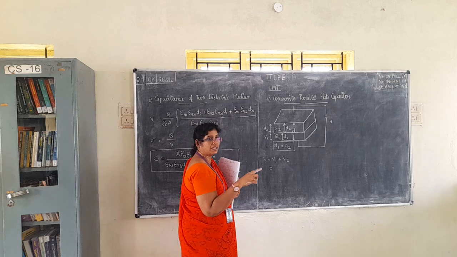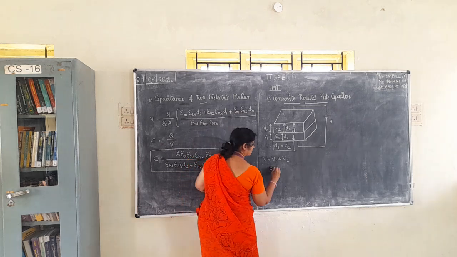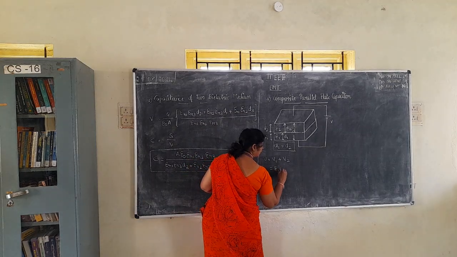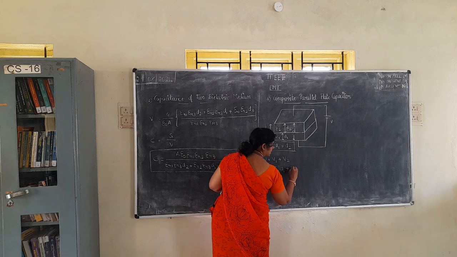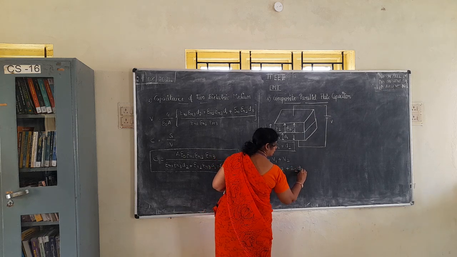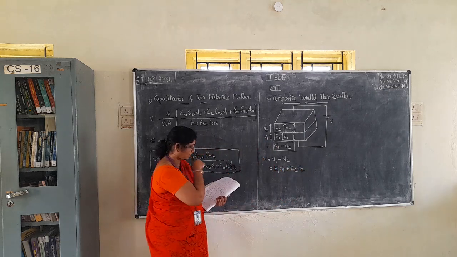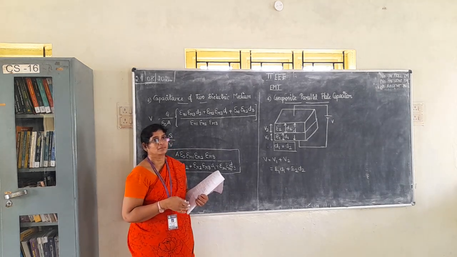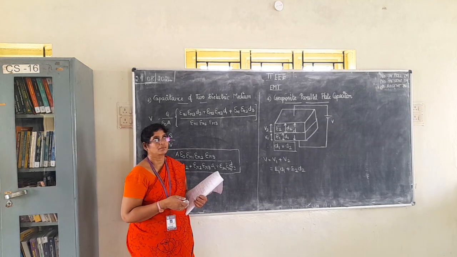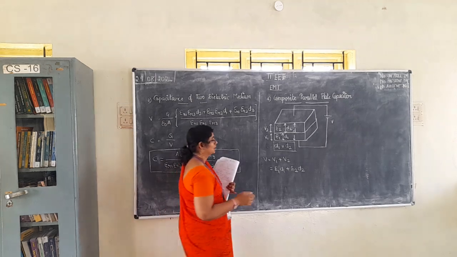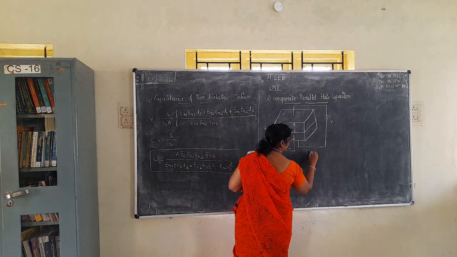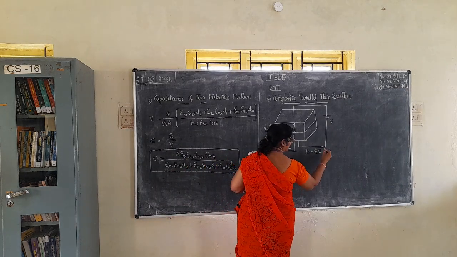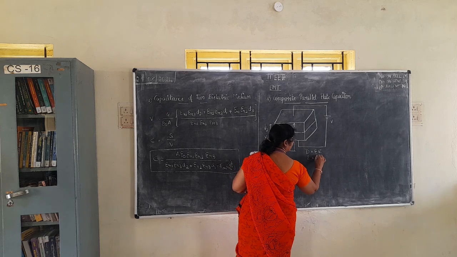It is the integral of E dr. So it is E1 d1 plus E2 d2. We know D is equal to epsilon E. So E is equal to D divided by epsilon.